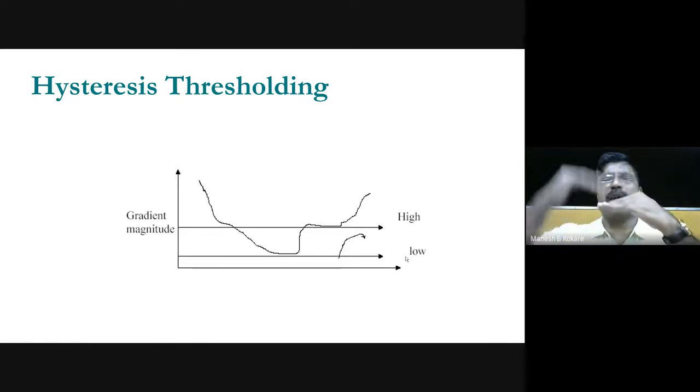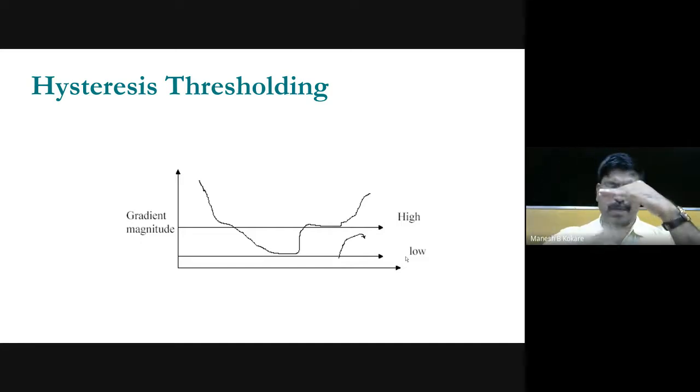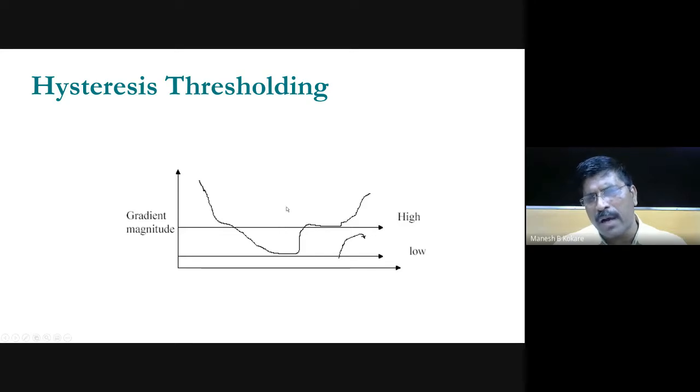If the pixel magnitude is greater than the high threshold value, then that pixel is surely an edge pixel. If the pixel magnitude is below the low value, then that pixel is certainly not an edge pixel.